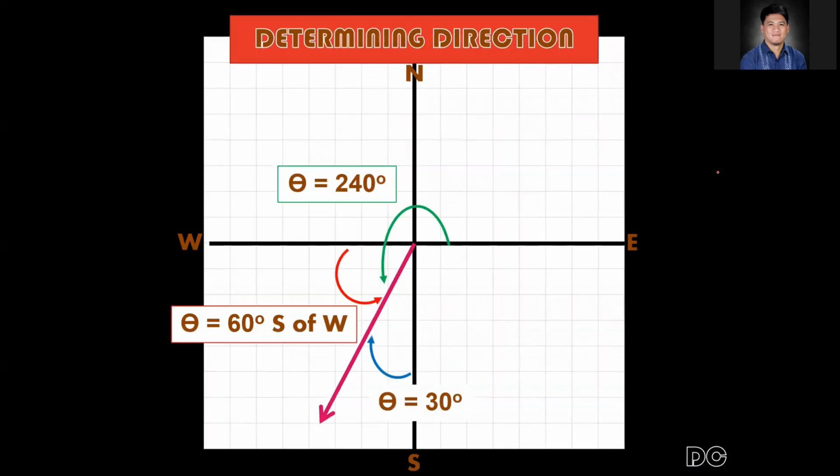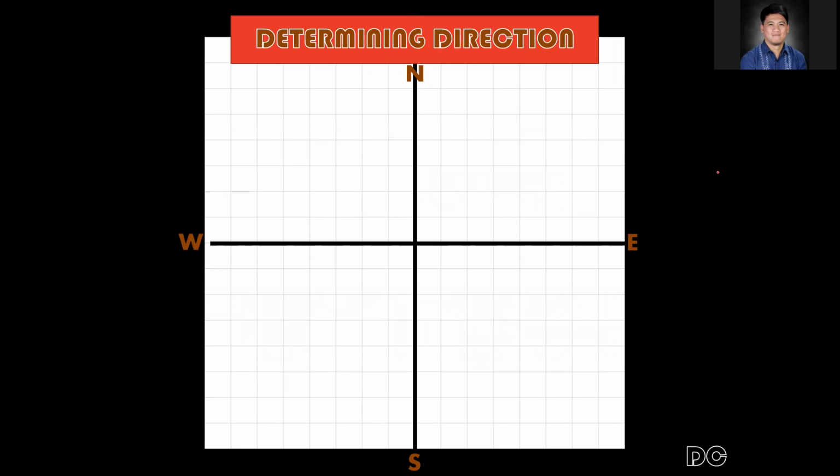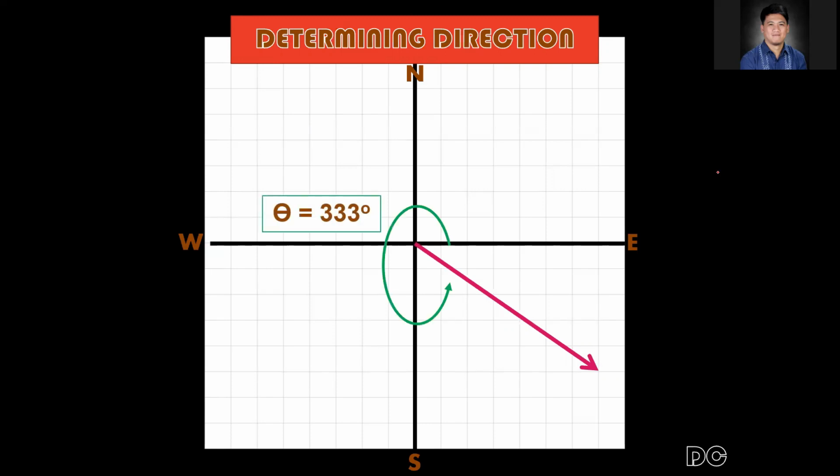Okay? So for another example, if this is our given vector, and the angle is 333 degree, so as I have mentioned kanina, the angle theta should always be less than 90 degree.